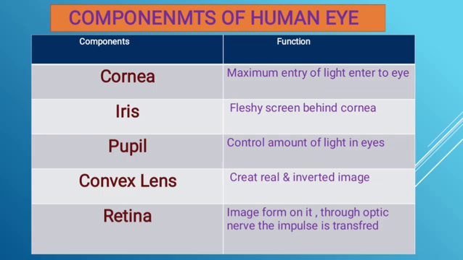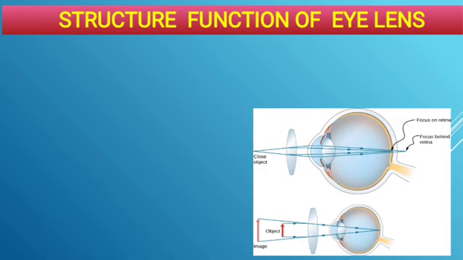The image forming in our eyes is real and inverted, but our brain senses it and we see all images erect in front of our eyes. In this way we have learned the basic function of the lens.